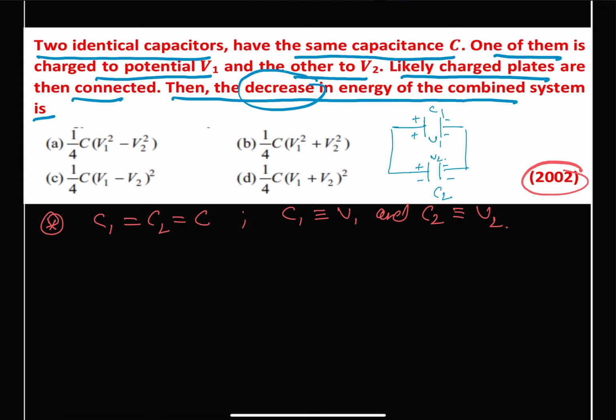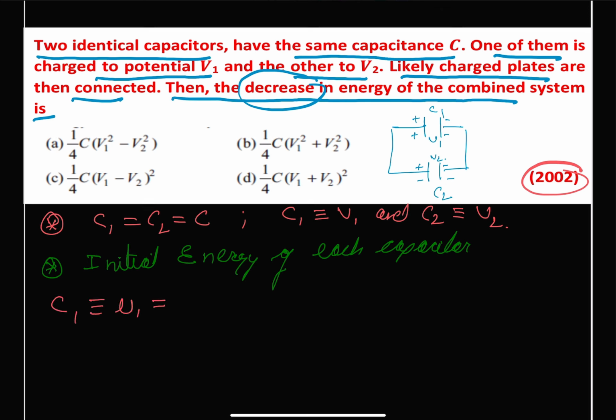So we can just find out the energy before they are connected in parallel with each other. So we can call this the initial energy of each capacitor. So for C1, let us call this energy U1, and that will be equal to half C1 V1 square, and C1 is our C, so this comes as half C V1 square.